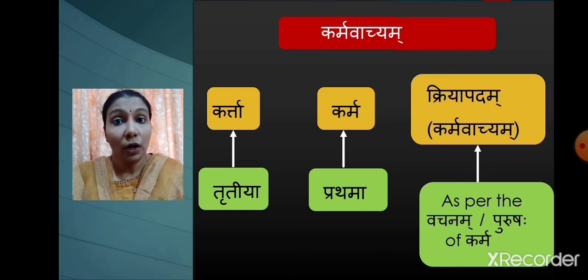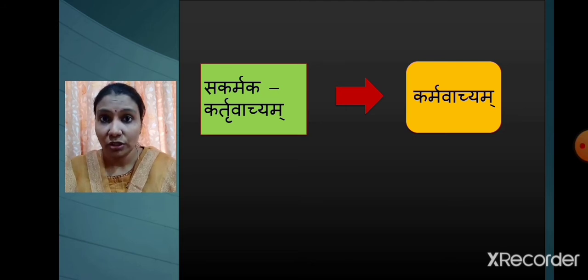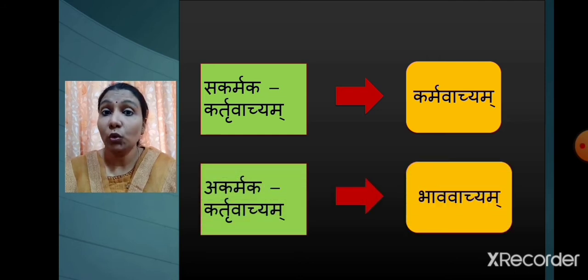Thus, 3-1-1 is the formula for Karmavacham, and 1-2-1 is the formula for Sakarmak Kartruvacham. Take a note of an important point. Sakarmak Kartruvachya sentences can be changed into Karmavacham, and Akarmak Kartruvachya sentences can be changed into Bhavavacham.